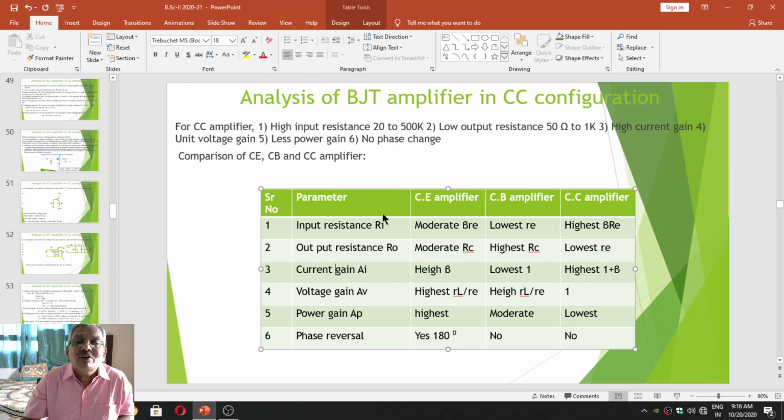Voltage gain, for common emitter amplifier voltage gain is highest, that is RL upon RE. Common base amplifier it is high, RL upon RE. Common collector amplifier it has the unit voltage gain. The power gain of common emitter amplifier is the highest. For common base amplifier it is moderate. For common collector it is the lowest one.